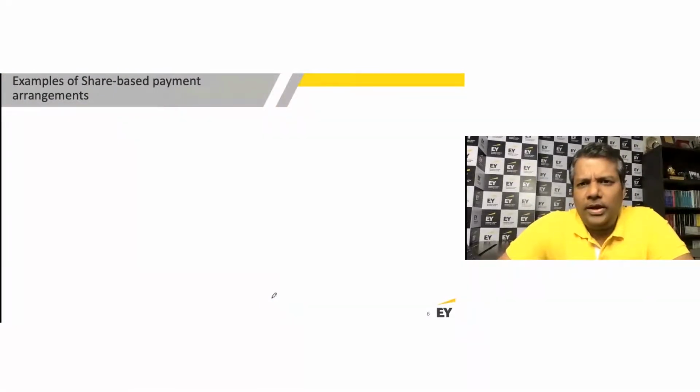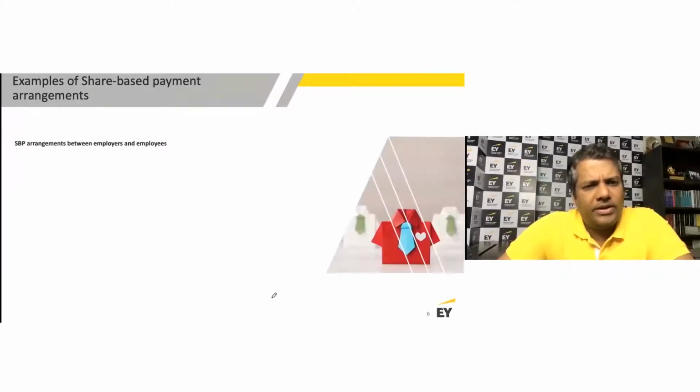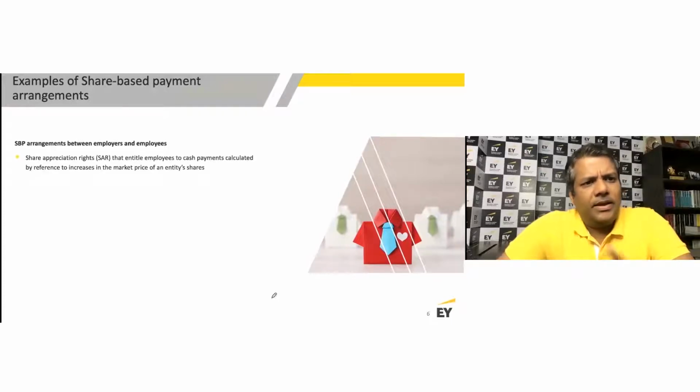Let's look at a few examples of share-based payment arrangements between employer and employees. There could be share appreciation rights, SARs, that entitle employees to a cash payment calculated by reference to the increase in share price.